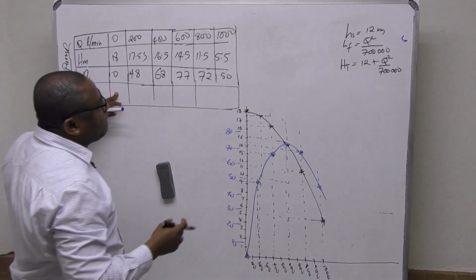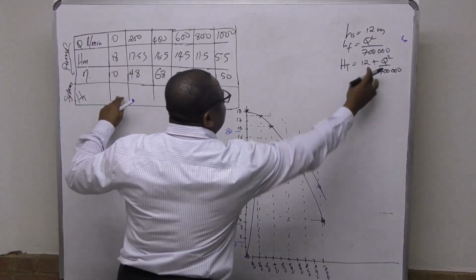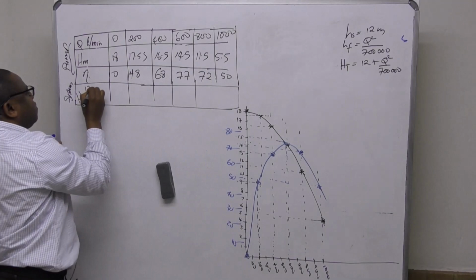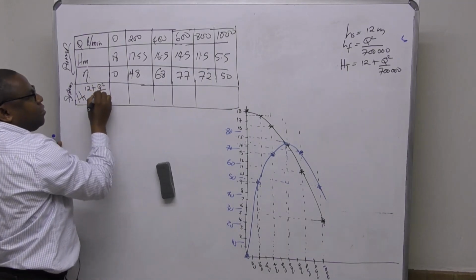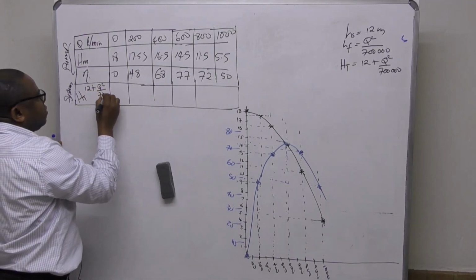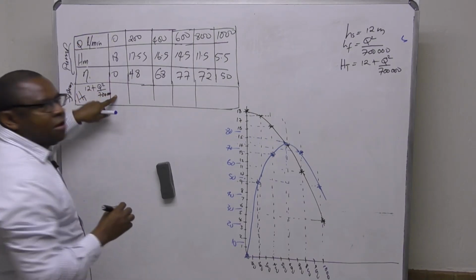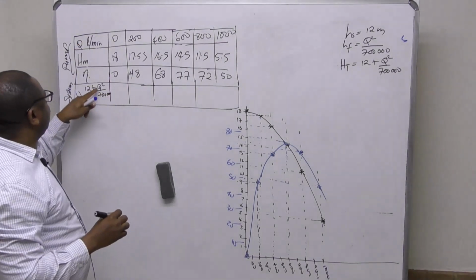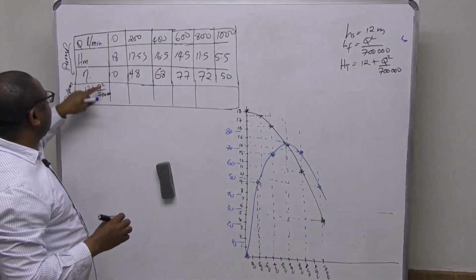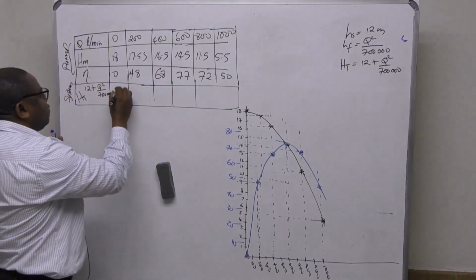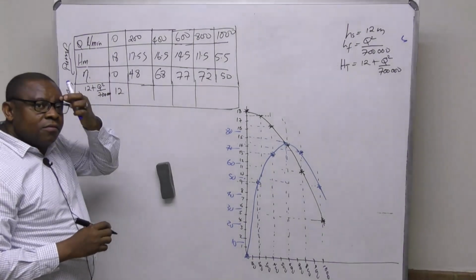So now, I'm putting 12 plus Q squared over 700,000. If I put Q as 0, this becomes 0, so you'll be left with 12. Right?